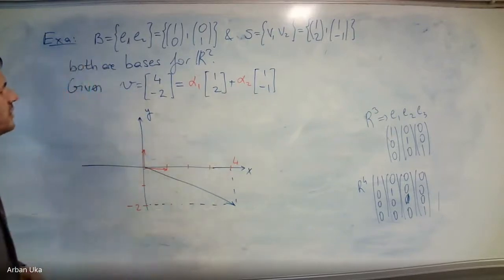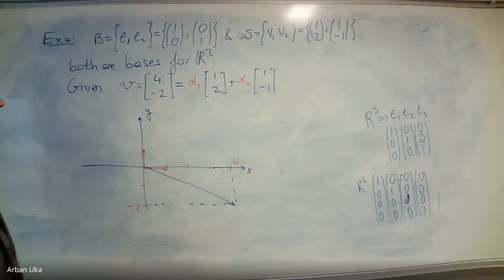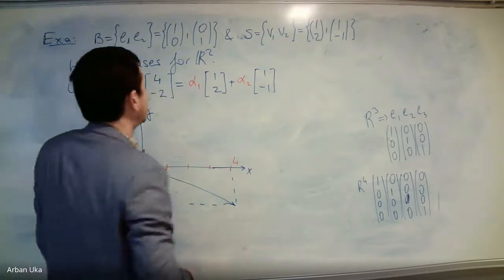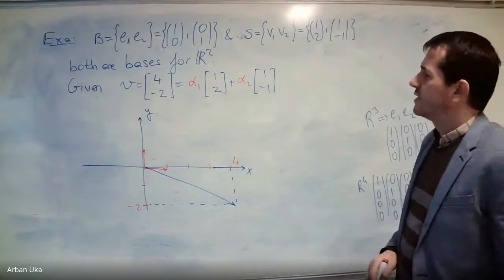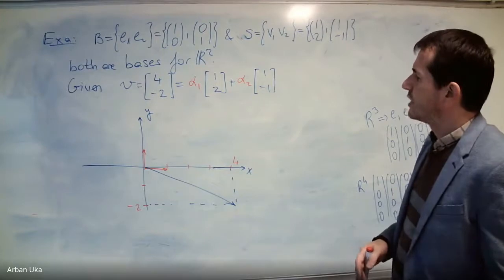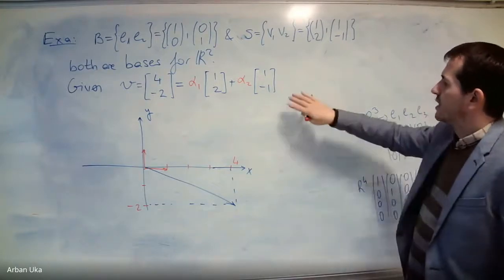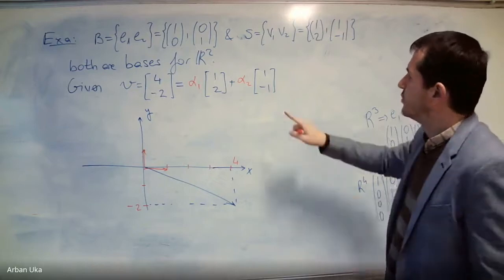So we can find a pair of numbers, alpha 1 and alpha 2, that satisfy this condition. Let's see what these alpha 1 and alpha 2 are. We can solve this using a system of linear equations. Since this is a small system, it might be shorter if we do it like this.